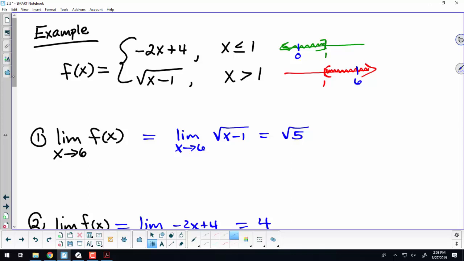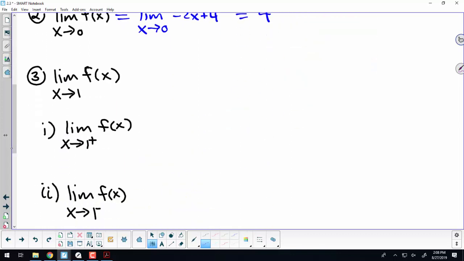Yeah, the bottom piece, because you have to approach 1 from the right. So I'm approaching 1 from the right-hand side. So I have to use this bottom piece. So this is the limit as x approaches 1 from the right on the square root of x minus 1. And that limit is 0.